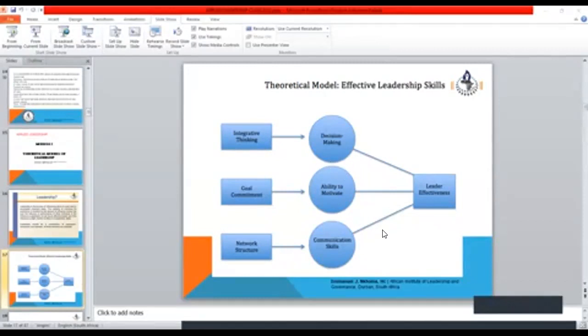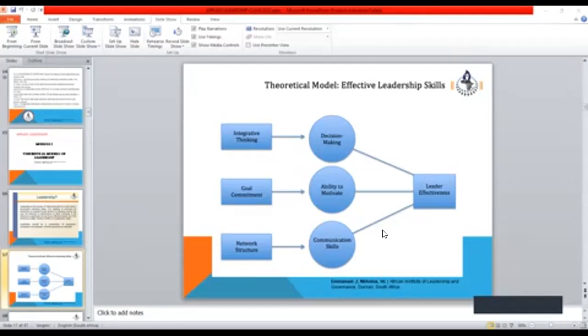So effective leaders don't just make decisions based on raw data. Remember, a question is asked in management: what is information? The definition is always given as: information is processed data.